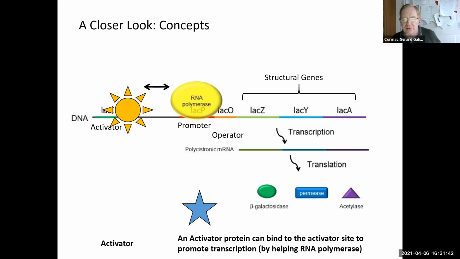So you have two different sites: a site where a repressor can bind to repress, to stop, or a site where an activator can bind to activate and improve gene expression from that site. And this is the operon concept, and these sites can control not one gene, but in some cases 5 or 6 or 7 genes all under the same control mechanism.